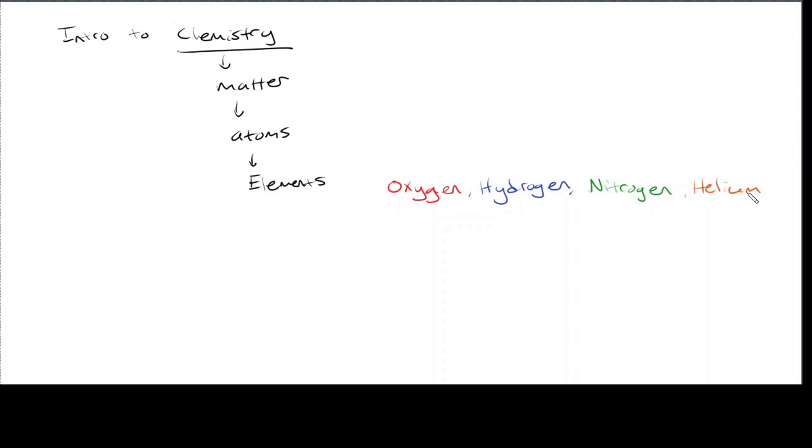These are the different kinds. Just four examples of different kinds of flavors that atoms can come in, or elements. These are examples of the elements. The full list of elements that we have in our universe can be found on the periodic table, which tells you all the different kinds of elements and the different properties they have.